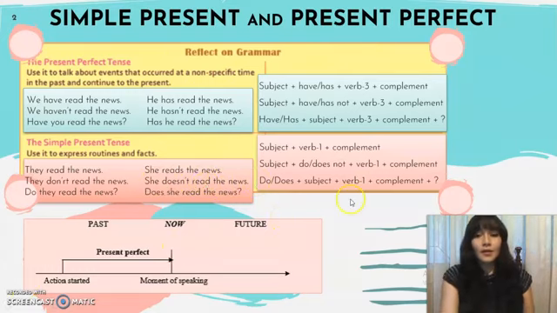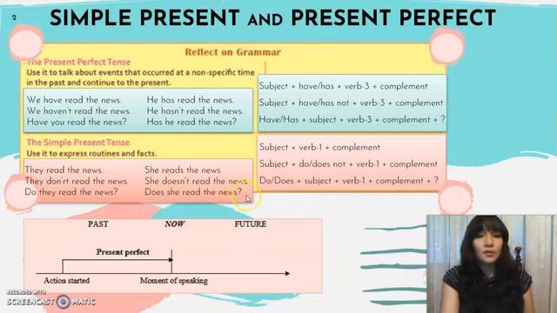And finally, we have the questions. To do the questions, we have to write first the auxiliary verb, does, the subject, she, the verb in the base form, read, the news, that is the complement. Does she read the news? Auxiliary verb, subject, verb in the base form, and complement.